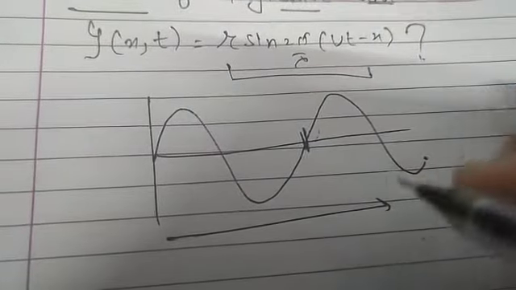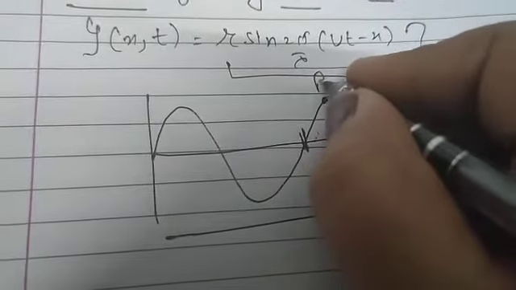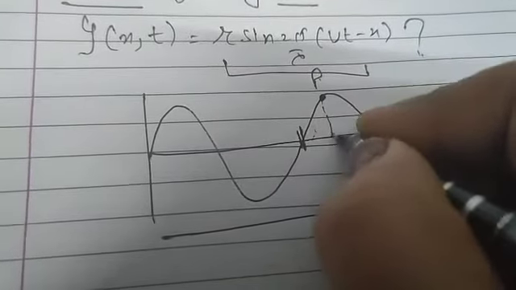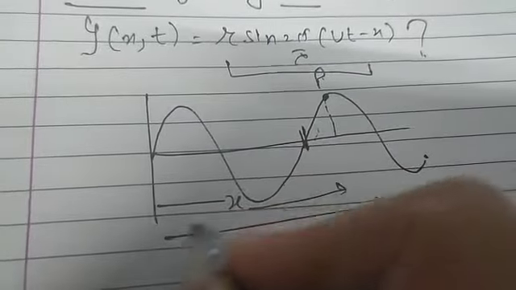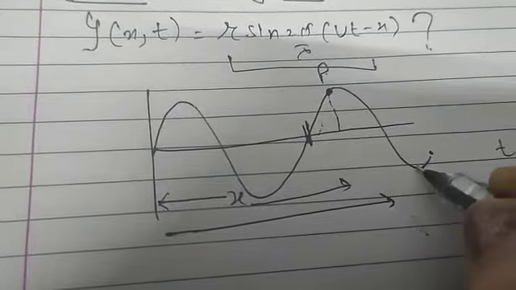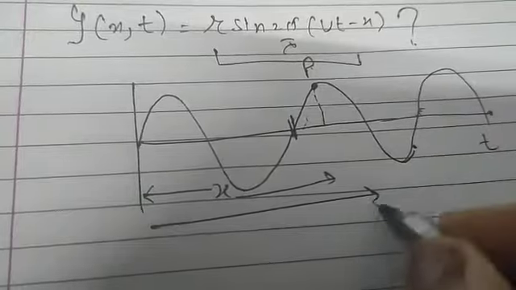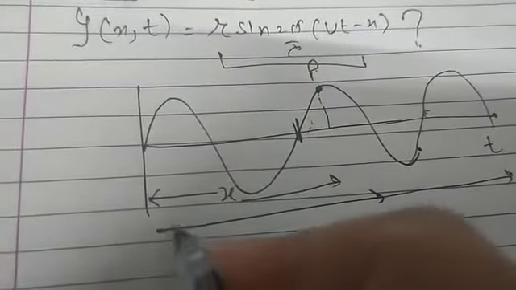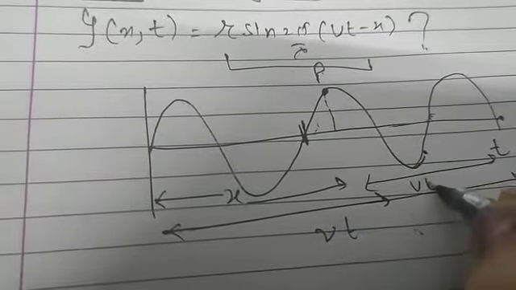Let us consider at any instant of time at point P, the particle is at point P, which is at a distance x from the origin. In time t, suppose a small time t, it reaches this point. So this distance will be vt. So we can write that this distance is vt minus x.